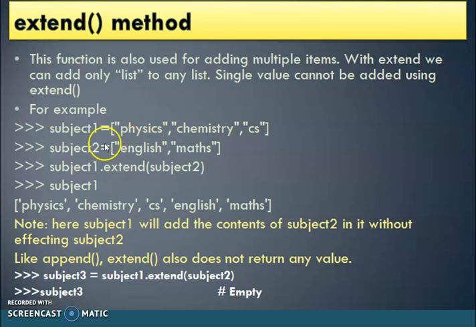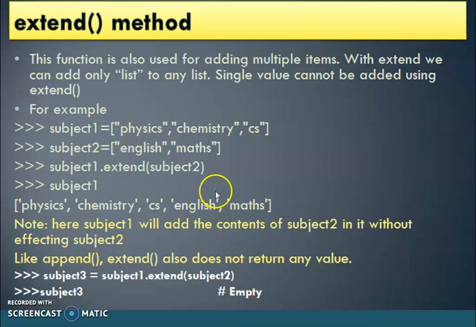See the example: subject1 is physics, chemistry, CS; subject2 is English and maths. Then subject1.extend(subject2) means the subject2 list will be added at the end of subject1. So when you print the subject1 list, the final elements will be physics, chemistry, CS, English, maths.